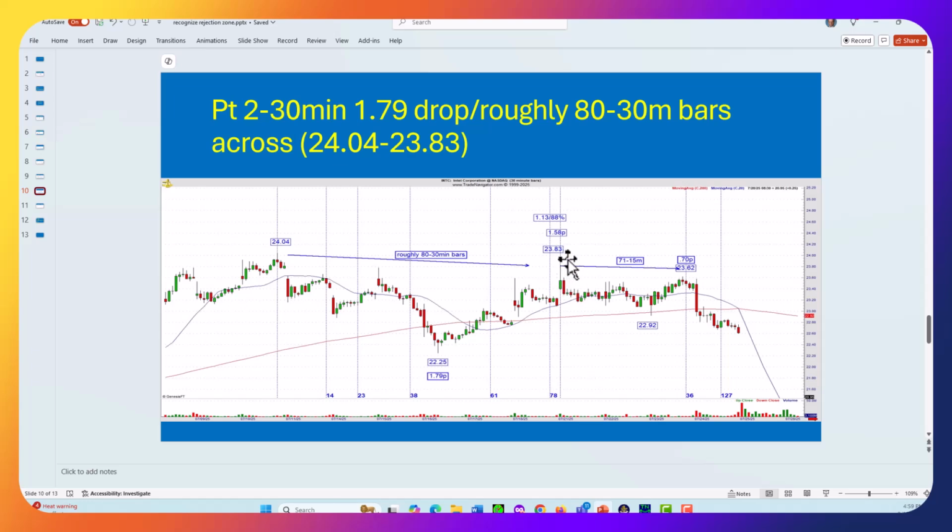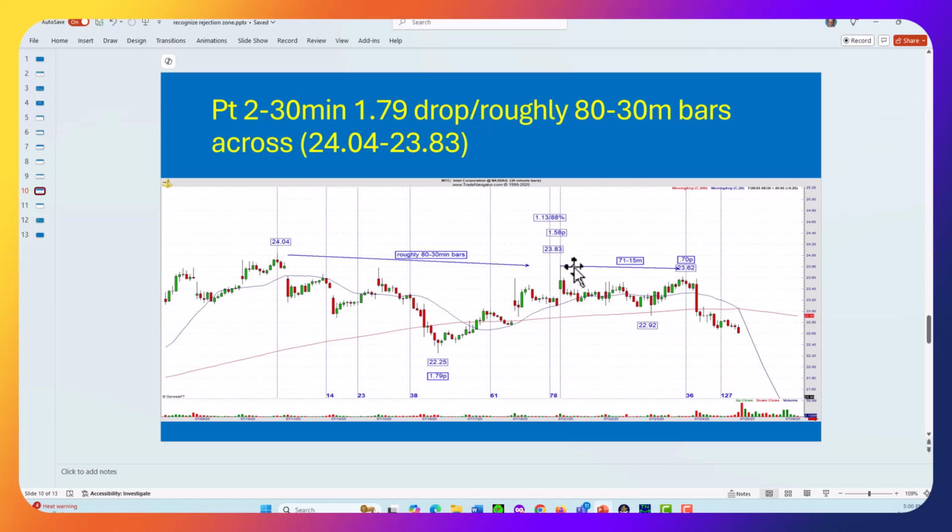But now, as you see, before the drop, we have another higher low that doesn't take out this. It's 23.83 to 23.62. Was that 21 cents?